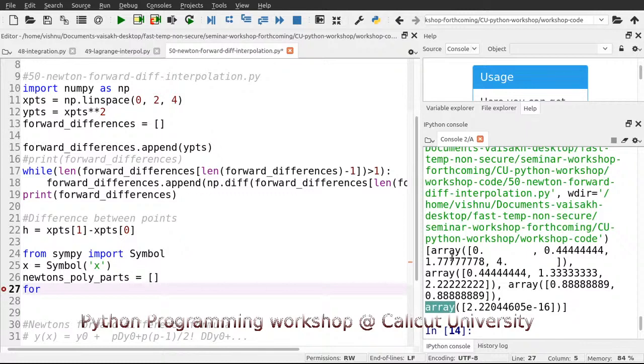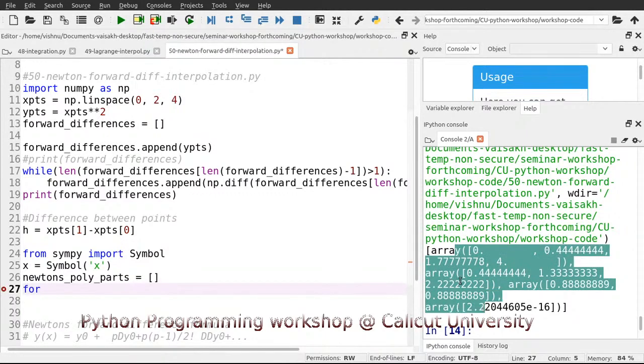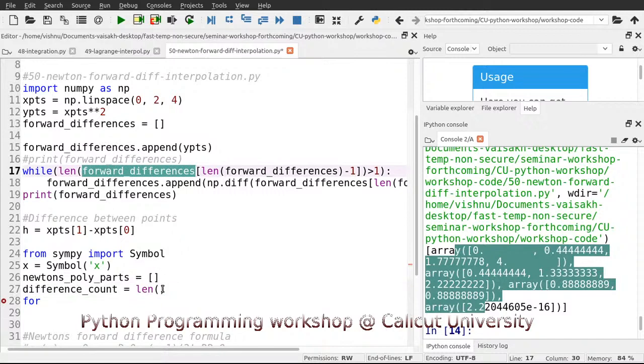So we need to make use of all these, and take the first element from each and every array. So we need to find the differences count. The difference count is equal to the length of the forward differences. This is the count we have.